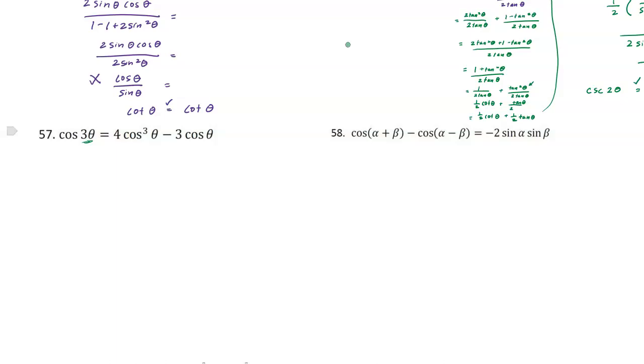I could split up that cosine cube theta into cosine square theta times cosine of theta. And then it's really not going to help you that much. But if I look at the left-hand side, 3 theta is made up of 2 theta plus theta.